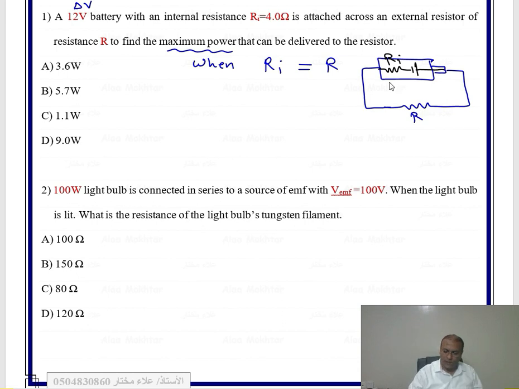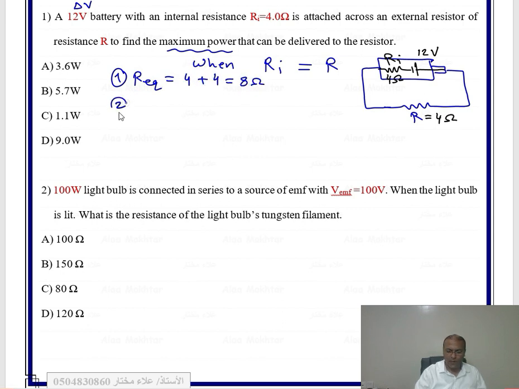So the internal resistance is 4 ohm. External resistance equals also 4 ohm. This battery is 12 volt. The first step, Req equals 4 plus 4 equals 8 ohm. Number 2, total current equals ΔV over Req equals 12 over 8, 1.5 ampere.